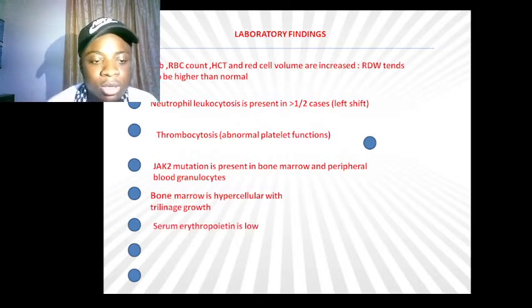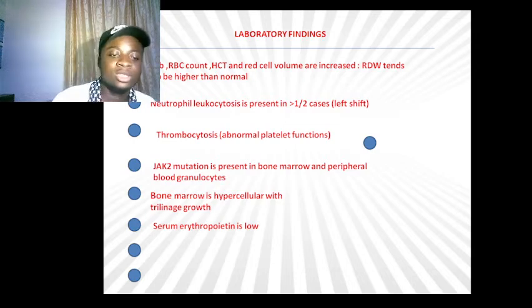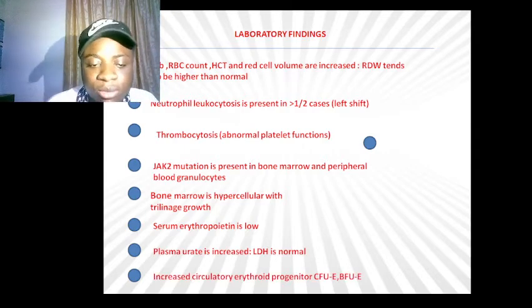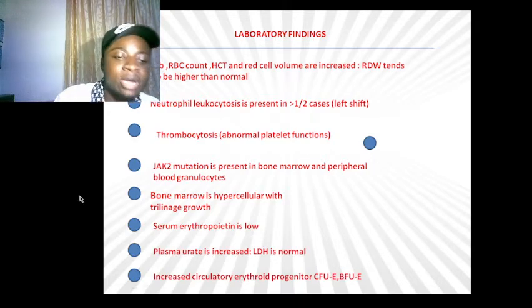So unlike secondary erythrocytosis, in this one the serum erythropoietin is low. Take note of that because it is a malignant condition. Plasma urate is increased because of the hypermetabolism, but sometimes LDH will be normal. So remember always that the plasma urate is increased.